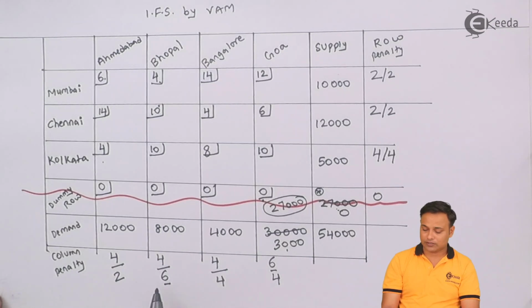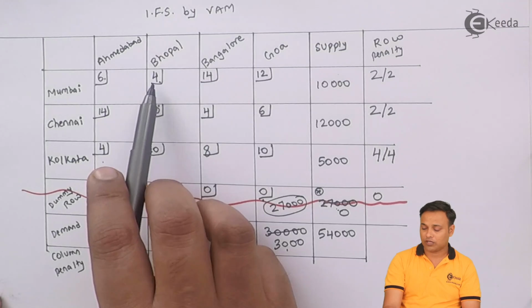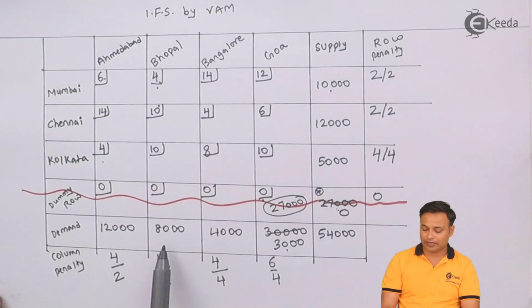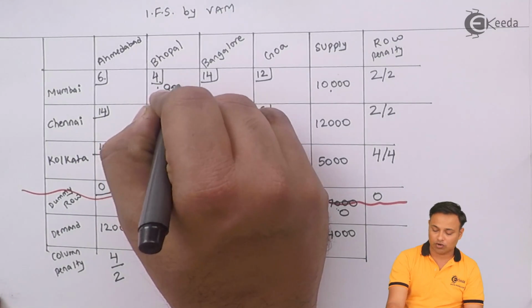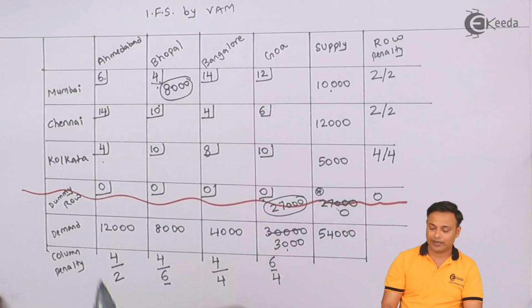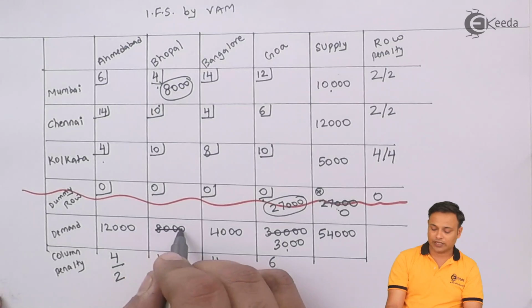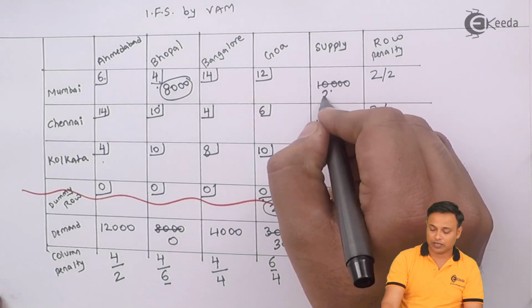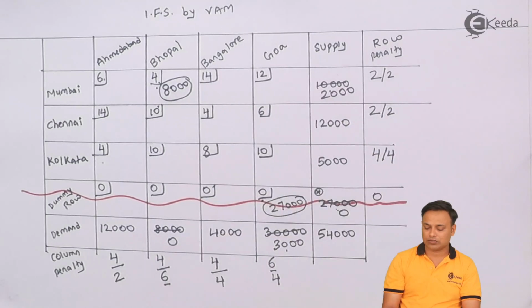So at 6, my lowest cost cell is 4, where I have a supply of 10,000 and I have a demand of 8,000. So 10 or 8, whichever is lower, it shall become 8,000. 8 minus 8, it will become a 0. 10 minus 8, it will become 2,000.